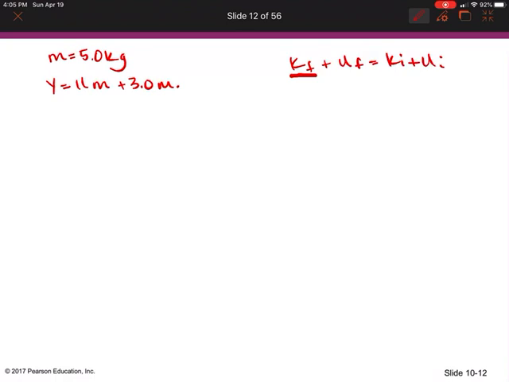Because that's what we're solving for, the final velocity, right? Does it have final potential energy? No, because it hits the bottom of the ground, so it's at 0 height. Does it have initial kinetic energy? You're holding a watermelon up on the top of the balcony. So no kinetic energy, but it does have potential. All right, so write out your equations here.